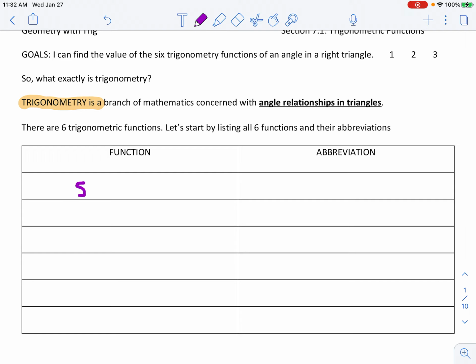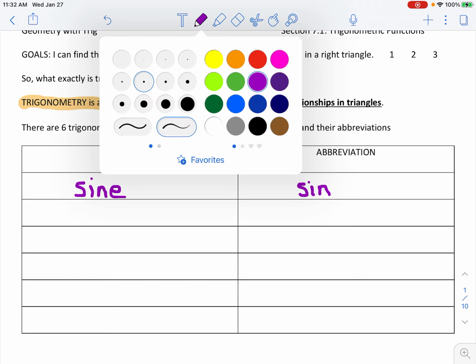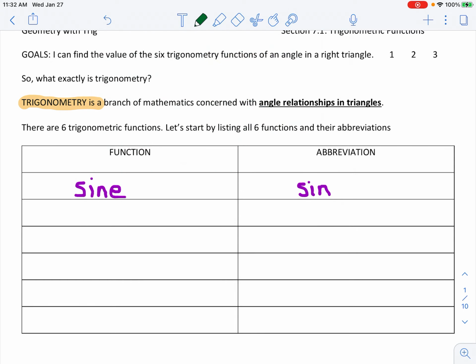Our first function is the sine function. Sine is abbreviated on a calculator as sin, S-I-N. Our second trig function is cosine, which is also on a calculator, and its abbreviation is cos.